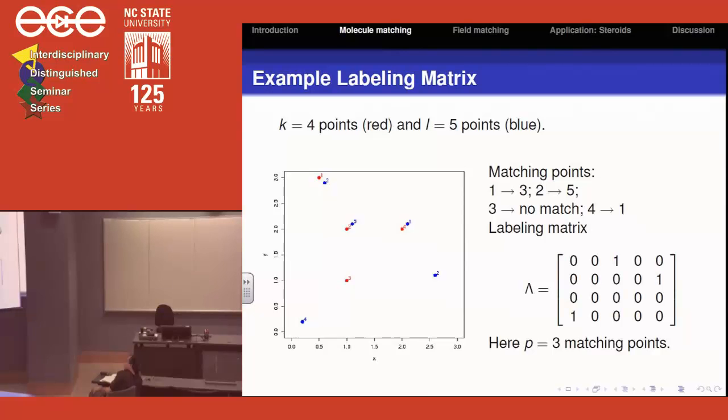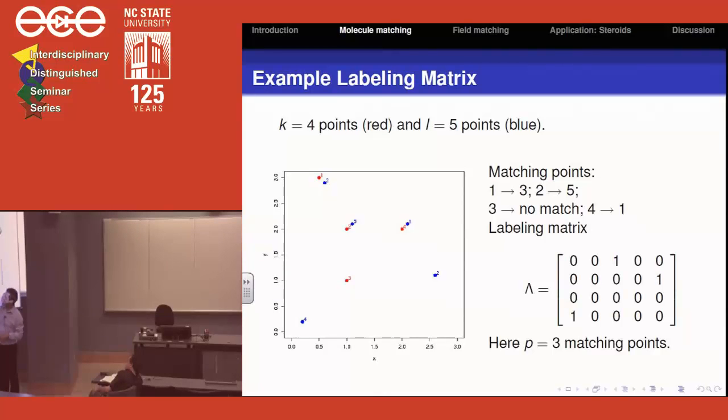They're numbered, if I was given these coordinates by someone as the data, they come with numbers 1, 2, 3, 4 for the first one, the red configuration, and 1, 2, 3, 4, 5 for the blue one. So this is what they're given to me. And I want to be able to estimate this labeling matrix.